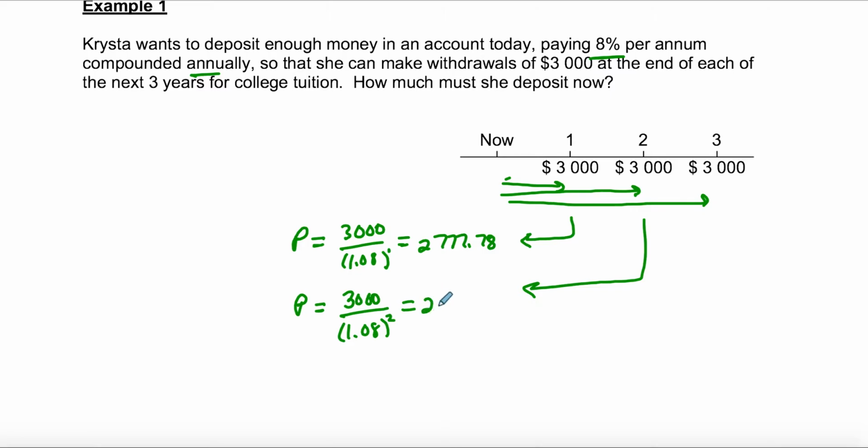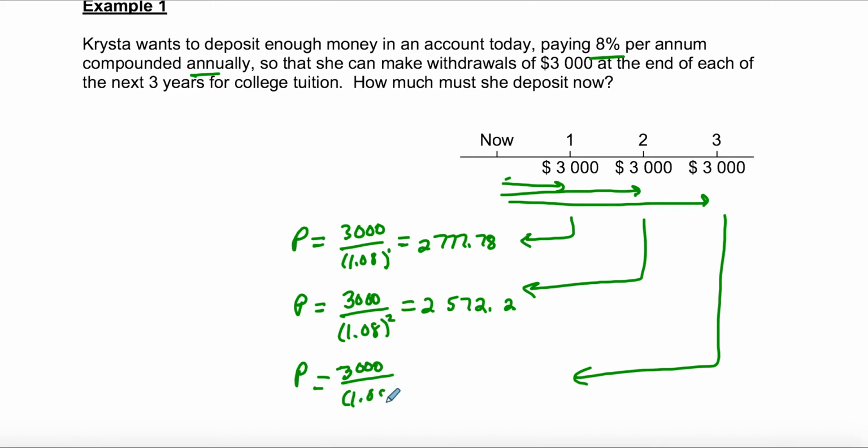She would only have to invest $2,572.02, because that amount of money would sit there for 2 years at 8%, and she'd end up with $3,000 when she was done. For the third year, we would have the $3,000, 8%, 0.08, and then the exponent is 3.